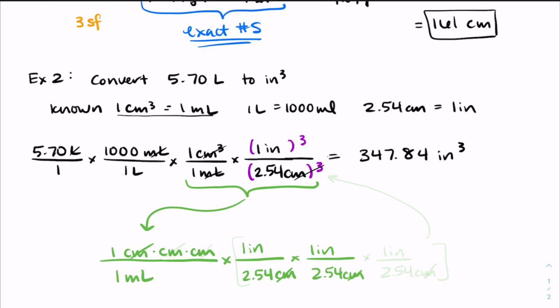So if I were to stop here and just use it, I would be left with centimeters squared times inches, which doesn't make any sense. So I have to do the conversion 2 more times for a total of 3 so that all 3 centimeters cancel. And then what I have across the top is inches times inches times inches, which is cubic inches.